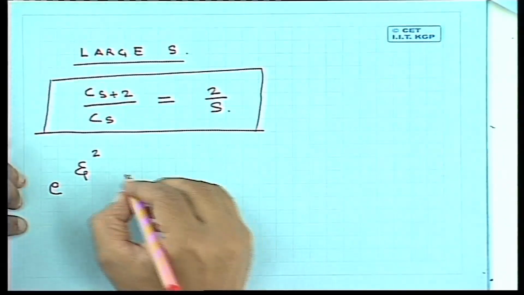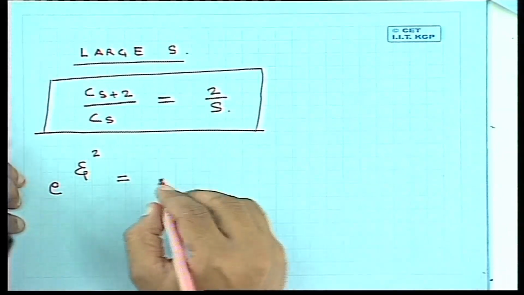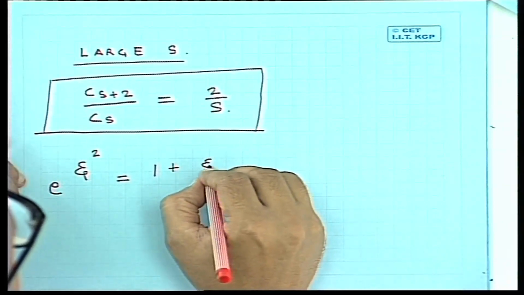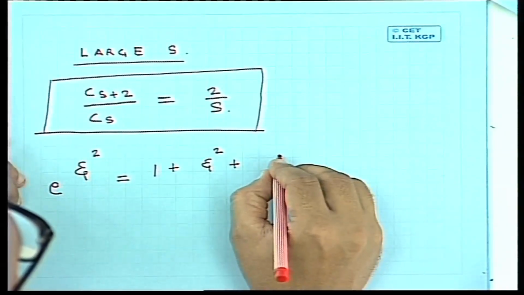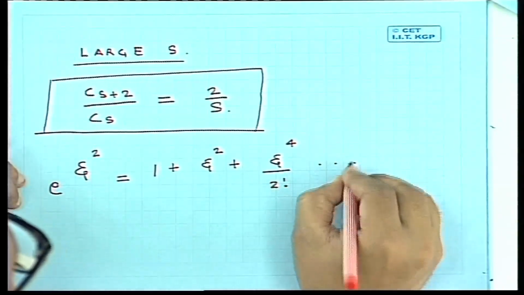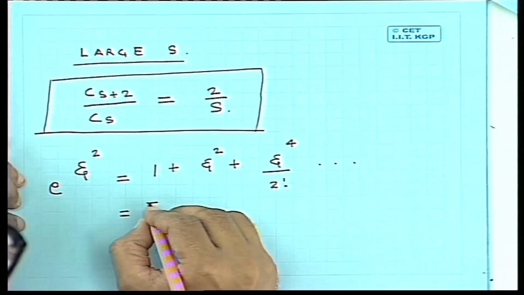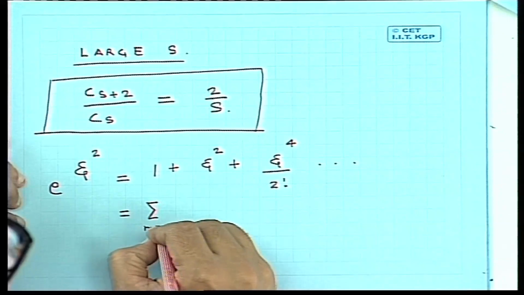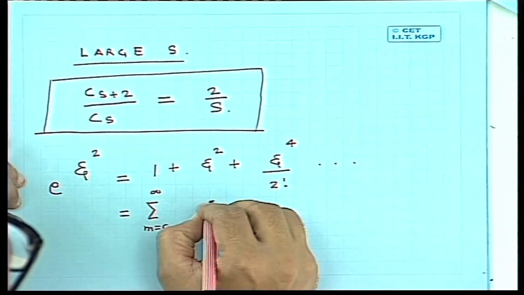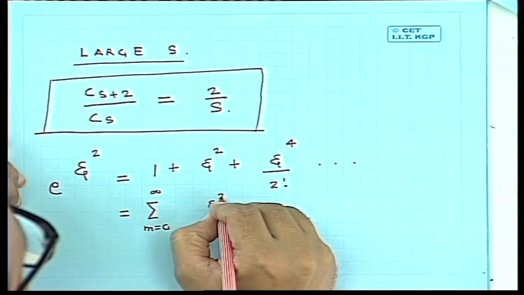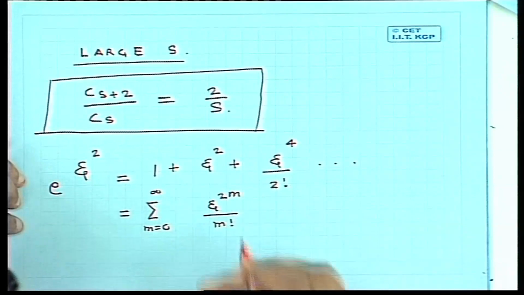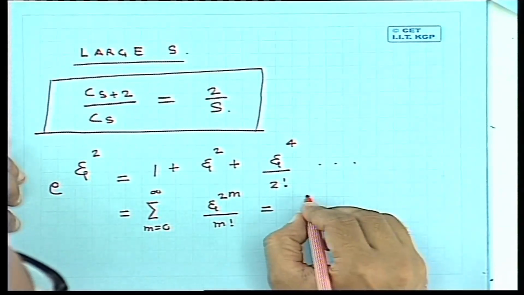If I do a series expansion of this function, I find that this is equal to 1 plus xi square plus xi to the power of 4 by factorial 2, etc., which is equal to the sum from m equal to 0 to infinity of xi to the power of 2m by m factorial.